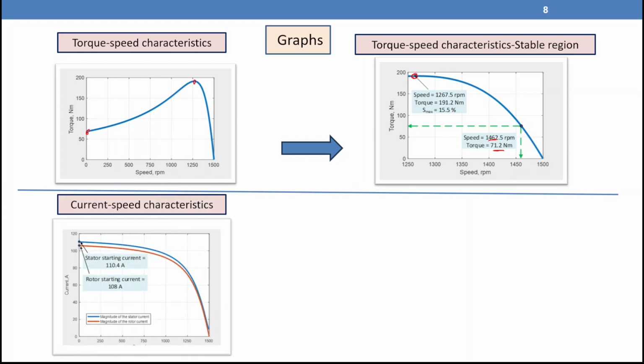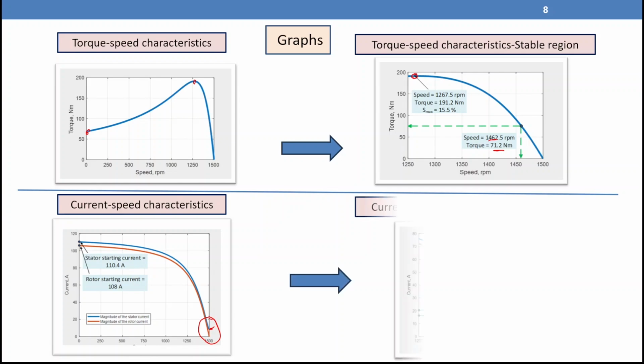What about the current? So we have here the red color is the rotor current, the blue color is the stator current. If you look here at synchronous speed, the rotor current is 0, but the stator current has a value which is the magnetizing current. At starting point, the starting rotor current is 108 ampere and the starting stator current is 110.4 ampere.